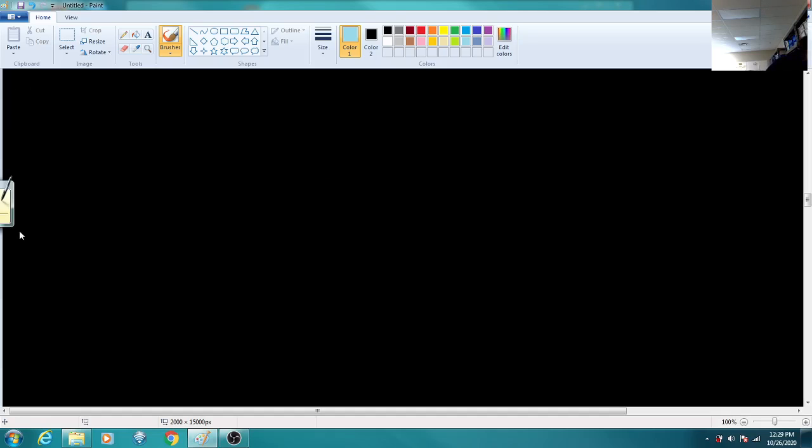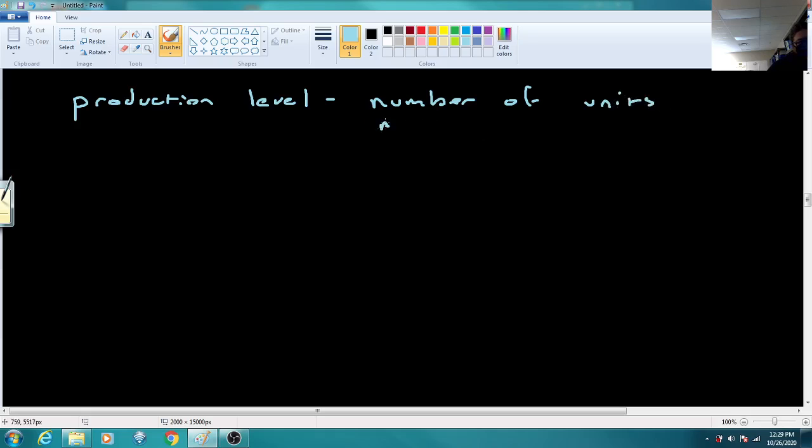This is going to be about a little bit about some economic things. So we got this idea called production level. What production level is, this is going to be the number of units manufactured. So production level is number of units manufactured.